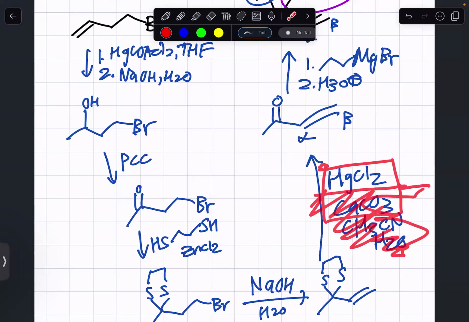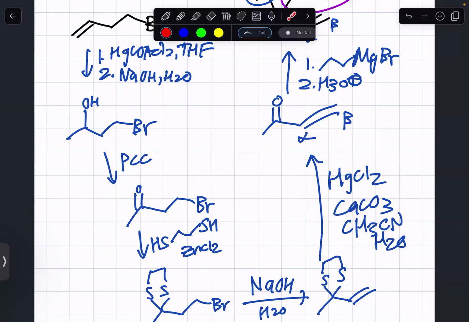I don't know if that's what I remember from my notes. I only saw these reagents in Maria's stuff. I think it depends on your TA. If your TA is lenient, then they'll give you points. But to be safe, I would put these two here. Okay. Yeah.